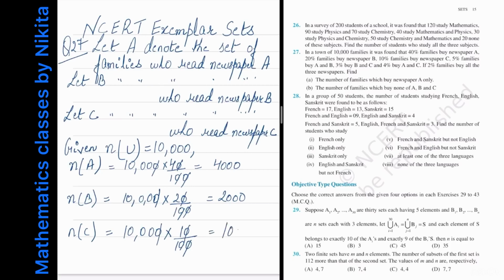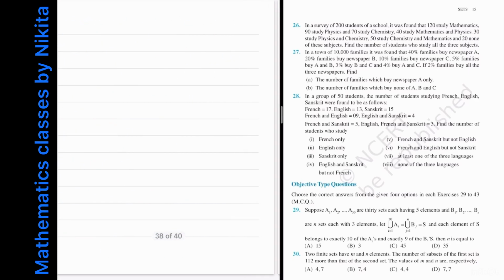just 1,000. Now it is given that 5% families buy A and B. So therefore N of A intersection B is equal to 500.